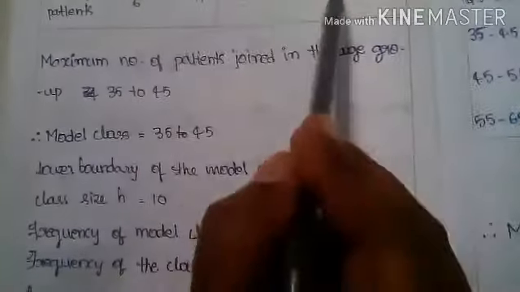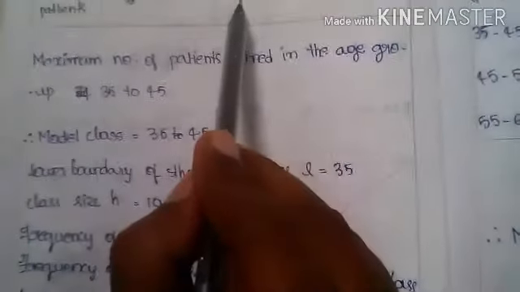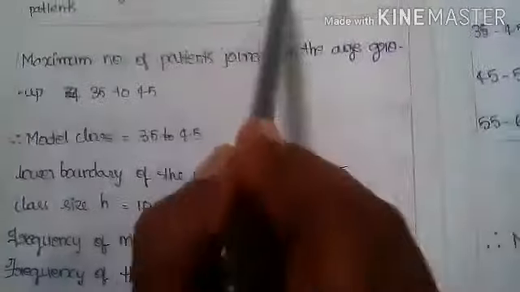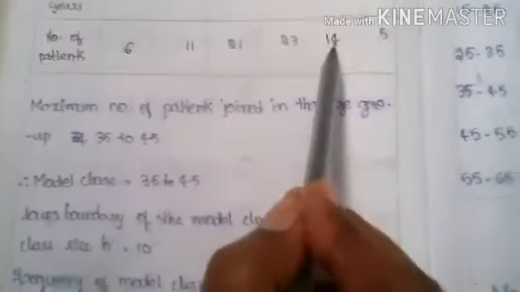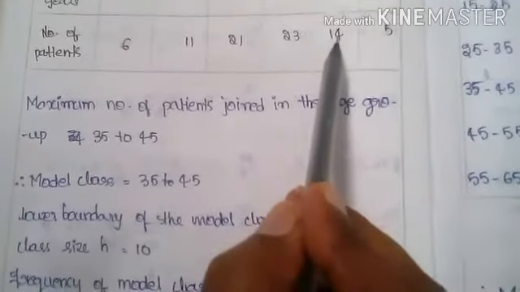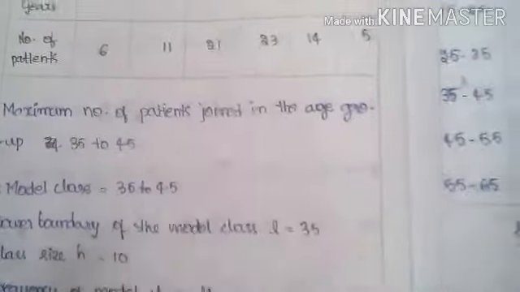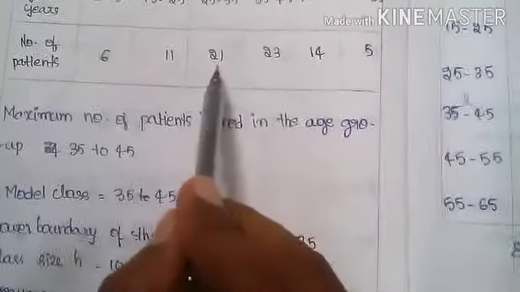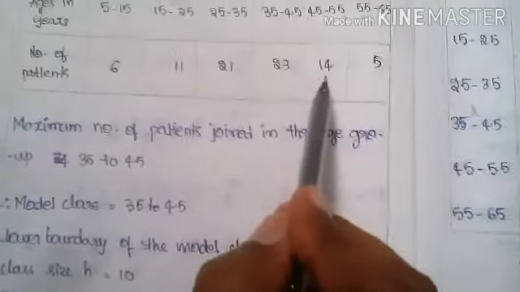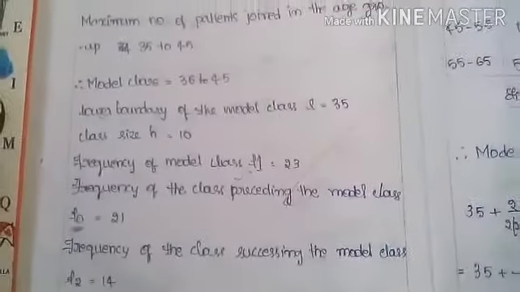This is the preceding class of the modal class, and this is the succeeding class of the modal class. So this is f1, this is f0, this is f2. So the data is as follows.